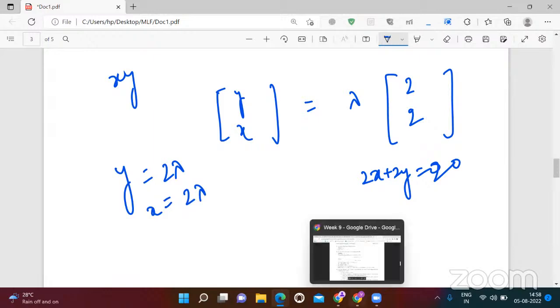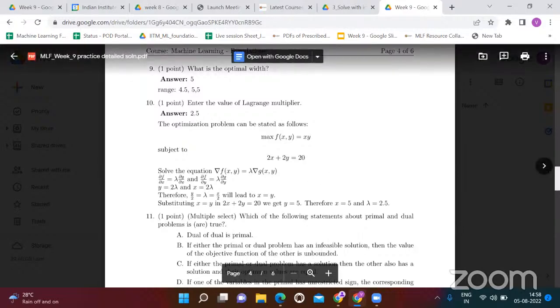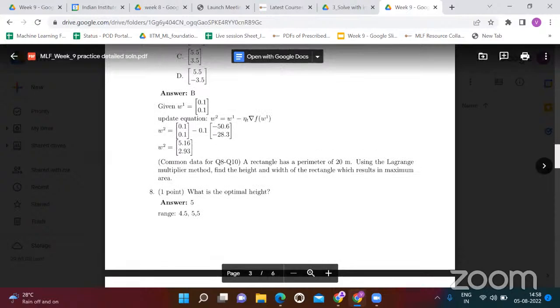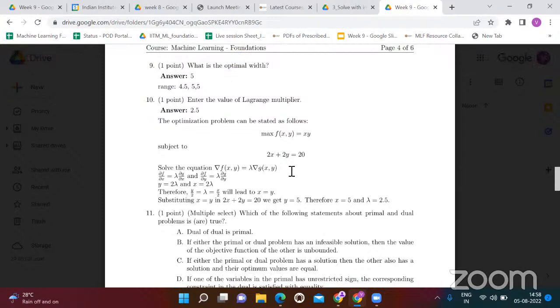Now what you have to do is maximize xy, the area. Okay, so lambda you are getting as y upon 2 and x upon 2.